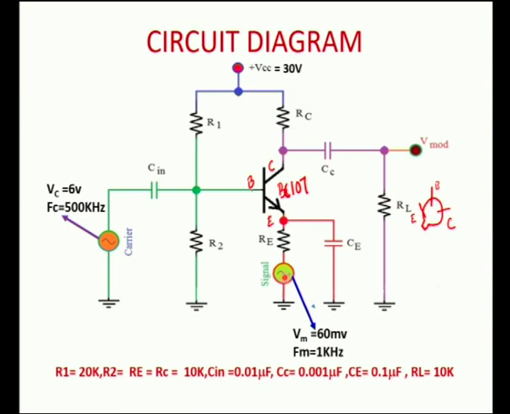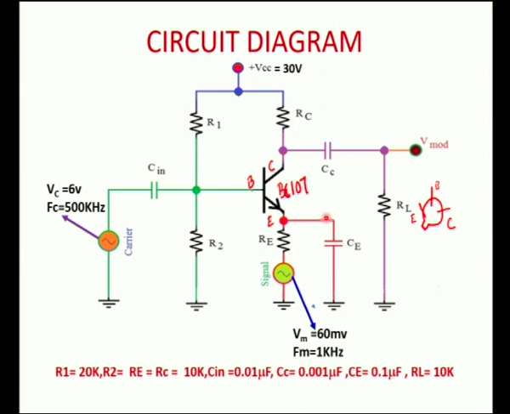This function generator will operate as the message signal function generator. For this message signal, you should have a frequency less than the carrier signal value. So, you can set this approximately to 1 kilohertz and the voltage of this signal to be nearly 60 millivolts.